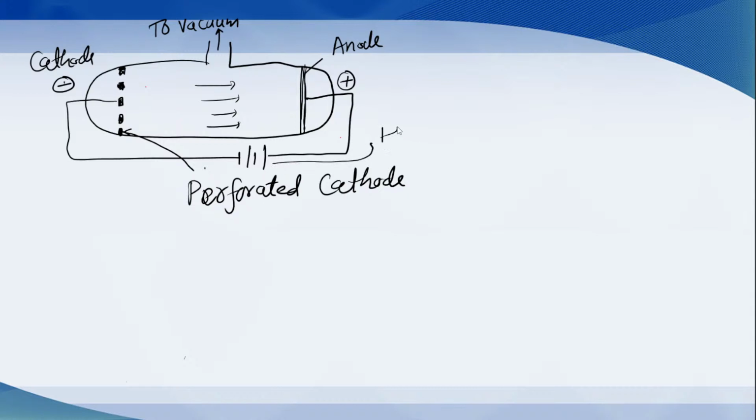This is the high voltage battery. So this is the modified cathode ray tube.